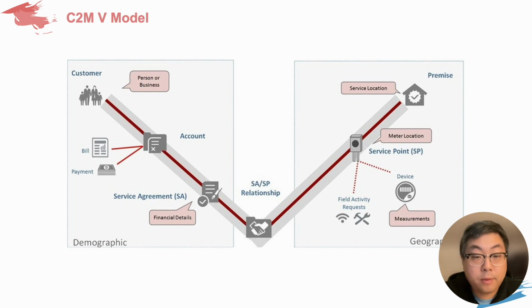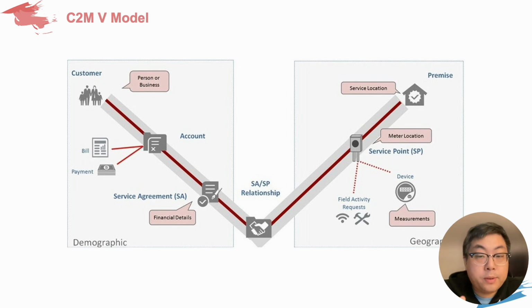So you see the service agreement is linked to a service point via the service agreement service point relationship, which means if you have a service point and you change the contracts or the billing method, you might end up with a new service agreement linked to your account. So this gives flexibility in how the data can be modeled.